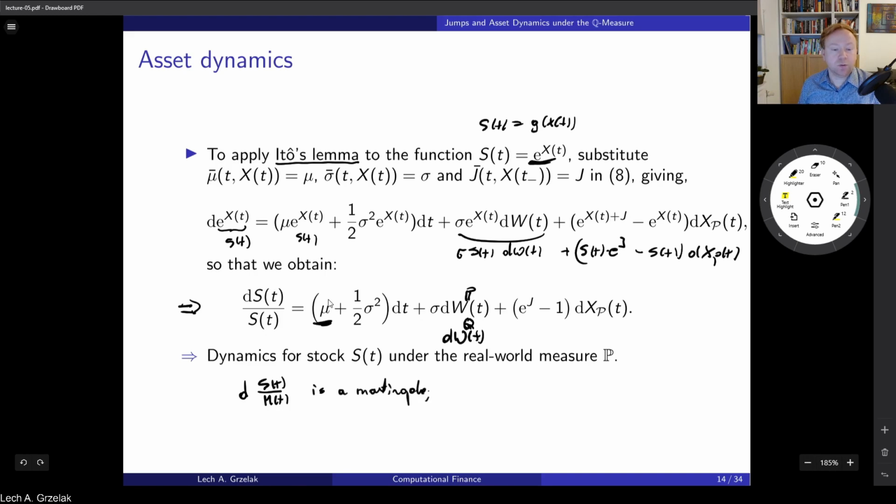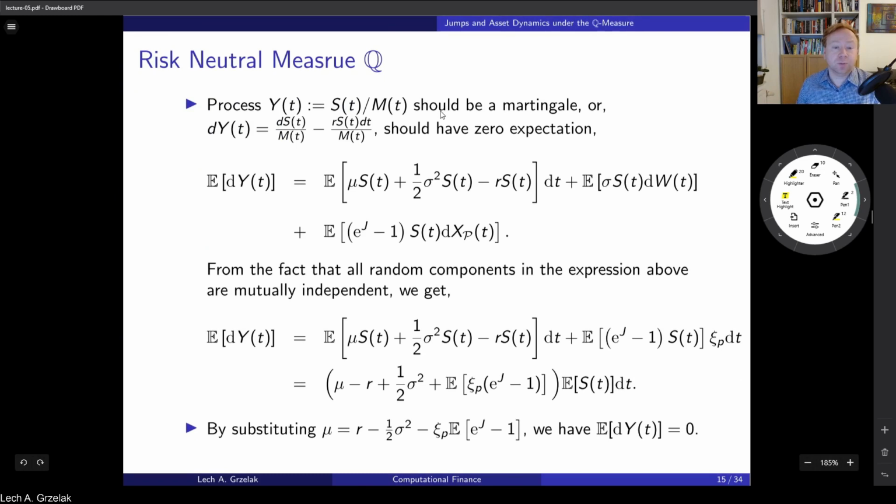This means that we are looking for mu for which this quantity is a martingale. And this quantity is a martingale once there is no drift. This is something we have already discussed before. So our next step is to define a new variable Y, which is equal to the ratio of S over M(t), where M(t) is the money savings account. We are looking for the dynamics of that process.